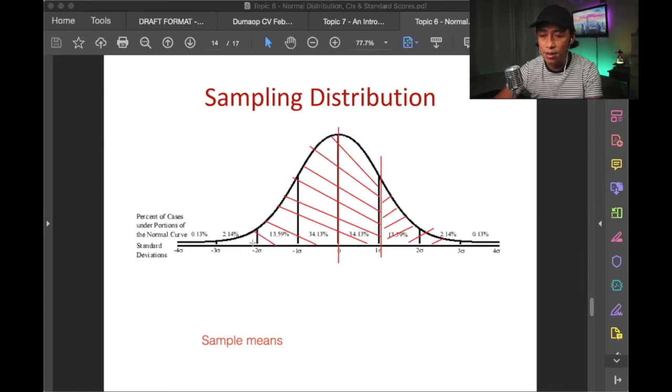What is the probability that if a certain random sample mean was drawn, it will be greater than a given sample mean? Or the probability of randomly drawing a sample mean that is lower than our specified sample mean. So things such as probabilities, percentages, and proportions, we can still also discuss now when we're discussing a sampling distribution or the distribution of sample means. And that really is sort of the backbone of null hypothesis testing now, as you will see later on.